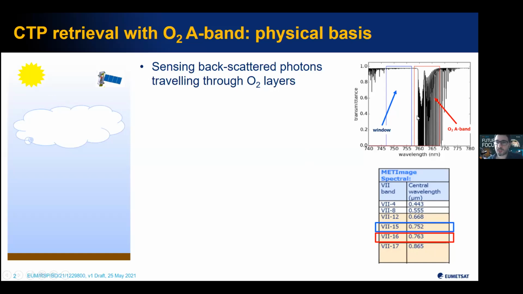So these are two channels in the near infrared end of the visible spectrum. One is a window channel, so with no absorption, and another one has a relatively strong absorption from oxygen, and this is called the oxygen A band.